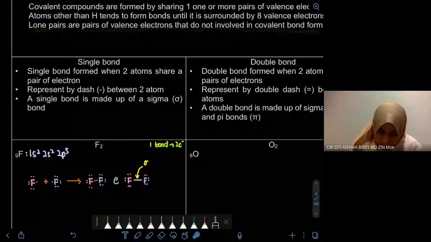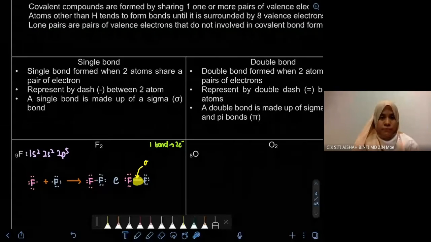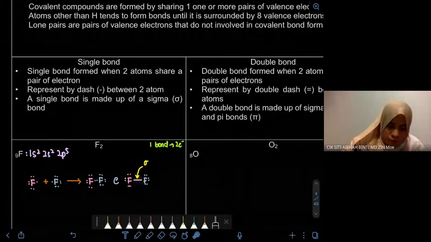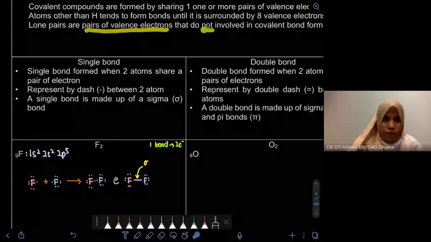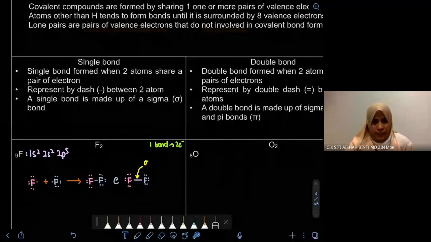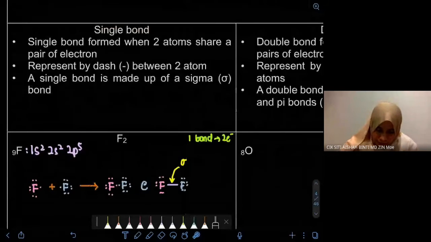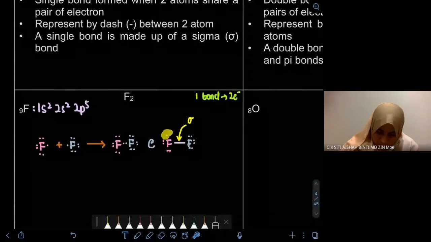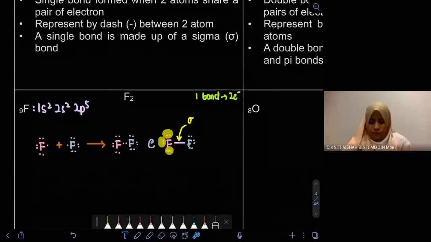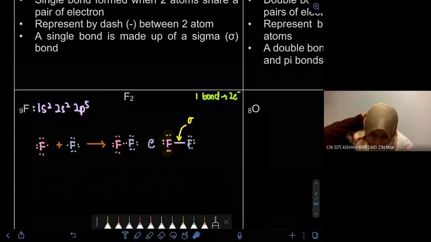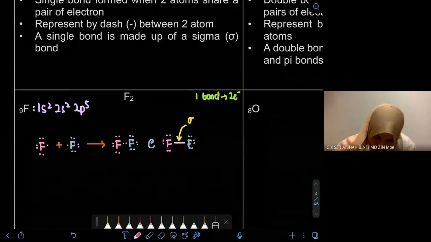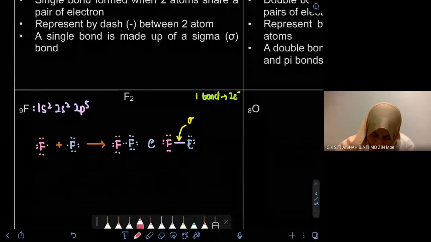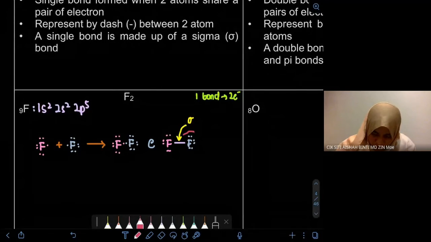This is our covalent single bond. Lone pairs are pairs of valence electrons that do not involve in it, these ones here: 1, 2, 3. I will label them in red. For example, for this blue fluorine.